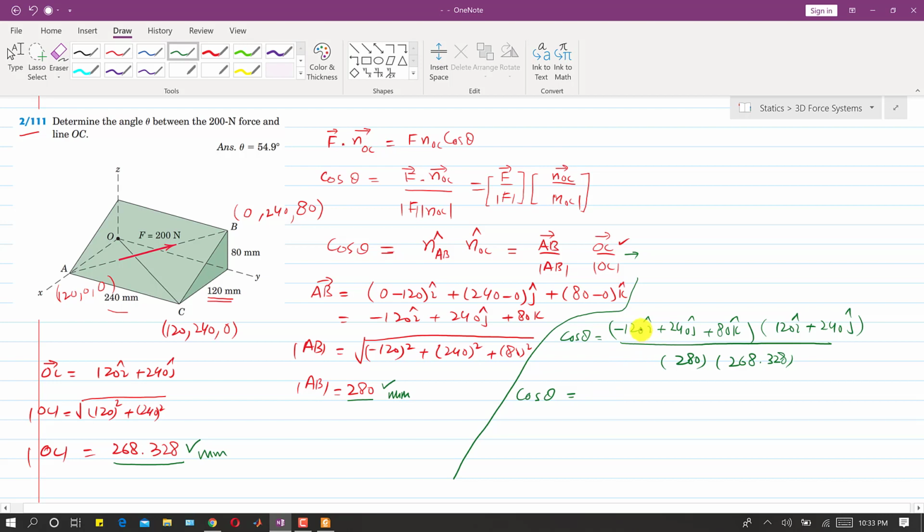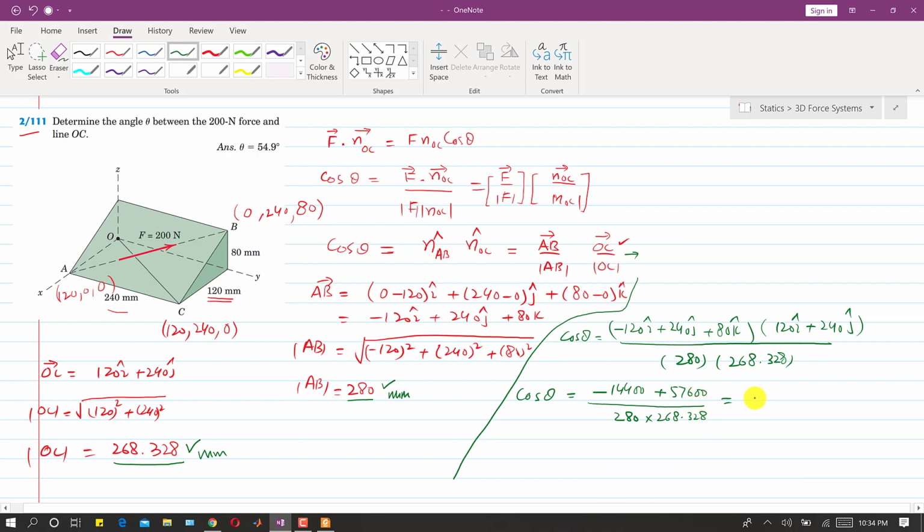When we multiply this, we get a scalar number. Minus 120 times 120 becomes minus 14400, and i dot i is 1. Similarly, 240 times 240 gives plus 57600, and j dot j is 1. Since there is no k term, that part becomes 0. This is divided by 280 times 268.328.